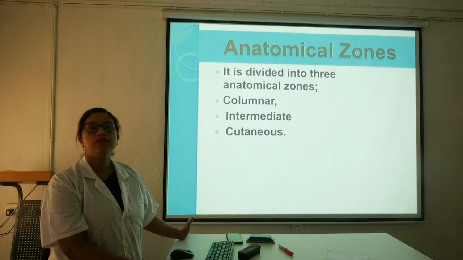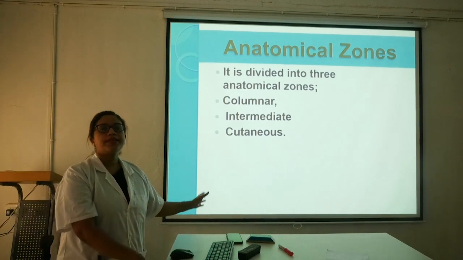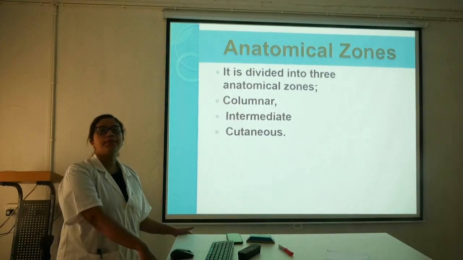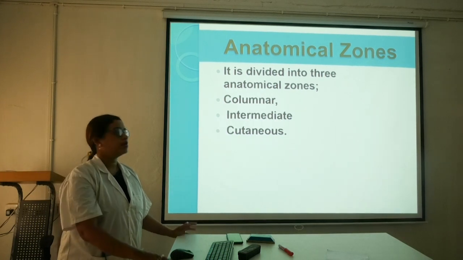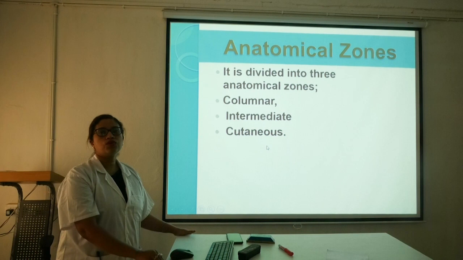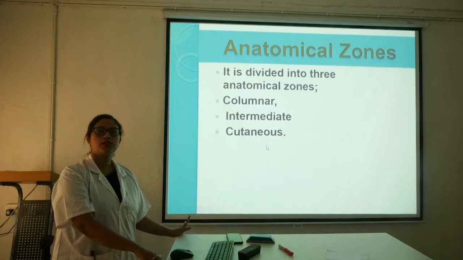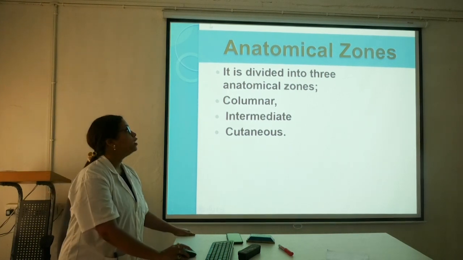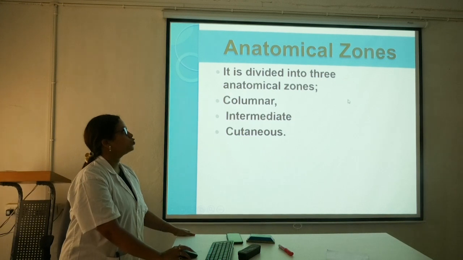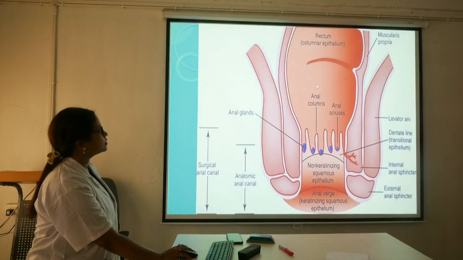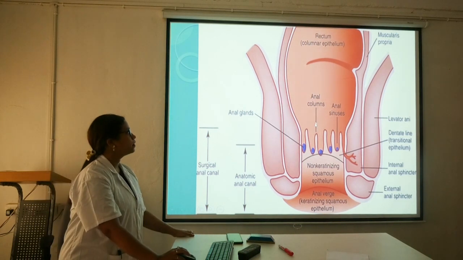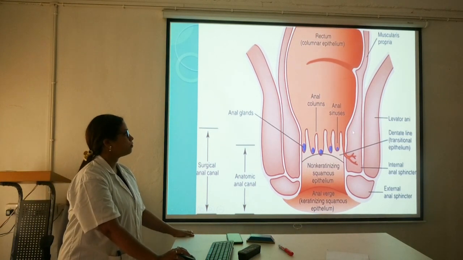Just now we studied. The intermediate epithelium would be lined by which epithelium? Transitional epithelium. Okay, and the cutaneous, that is stratified squamous epithelium. So it is divided into 3 zones, right?